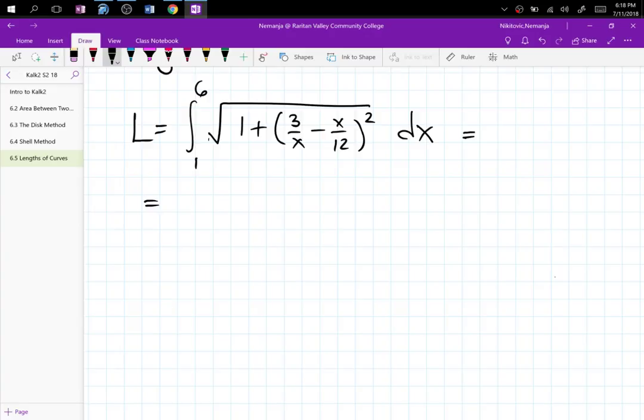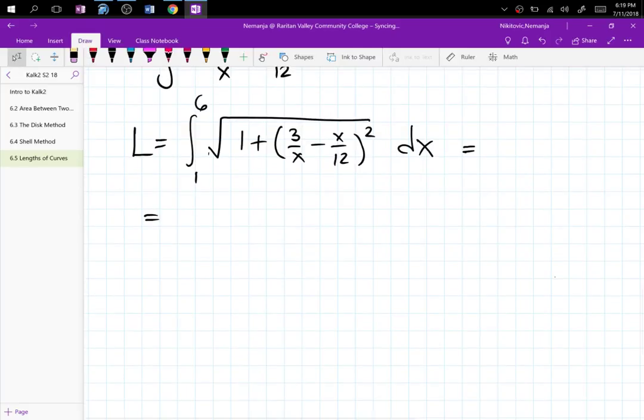The only thing that I can do in this case is clearly square the binomial, right? Now, when you are squaring the binomial, please remember the middle term, because that's the one that makes all of this possible. So, when you are squaring a minus b, you will have a squared minus 2ab, middle term, plus b squared.